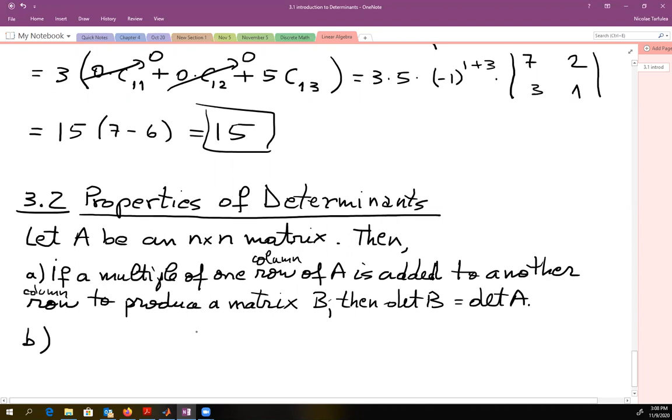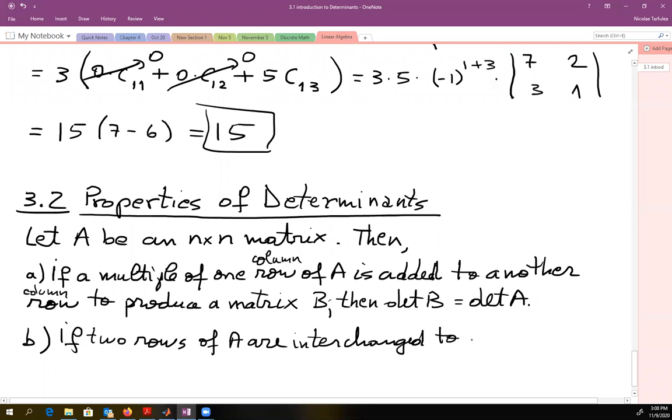You have exactly the same thing. So the statement stays true for columns. The second property: if two rows of A are interchanged, switched, to produce another matrix B of the same dimension, then the determinants of these two matrices are equal in magnitude but different in sign.